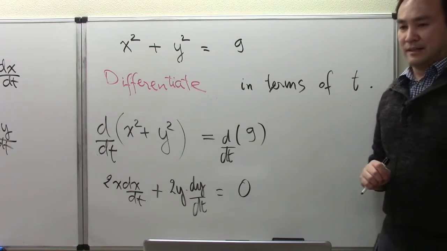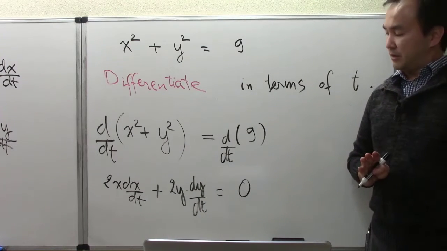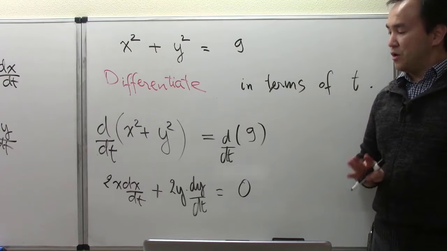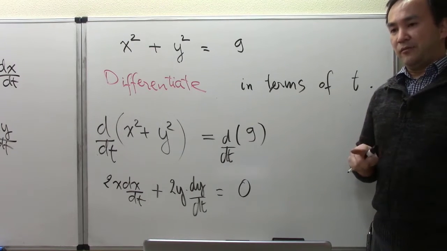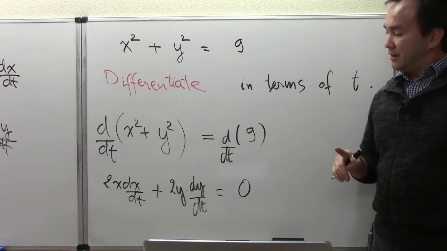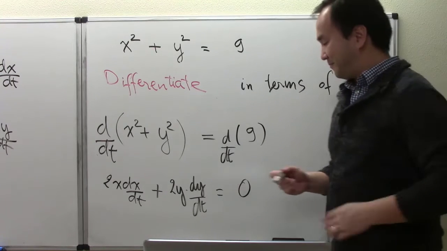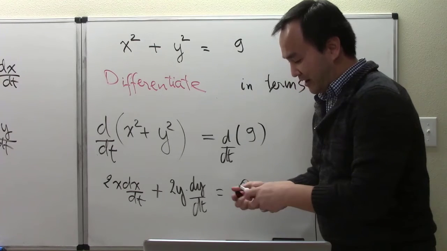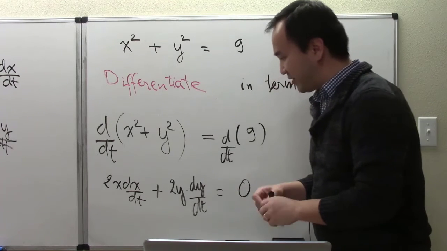All right. So, ladies and gentlemen, at this point, your work on implicit differentiation has been finished. Please observe carefully. At this very important point, I want to take it slow, and I want everybody to really understand.